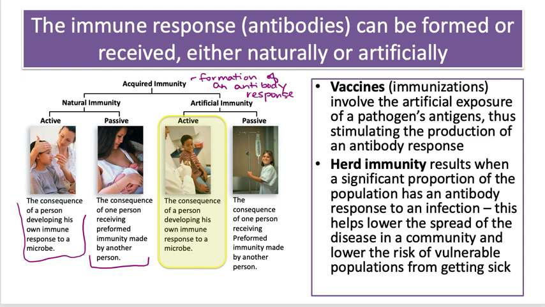And so, if vaccines are available, like for influenza, for measles, for pertussis, then a significant proportion of the population becoming vaccinated can really contribute to this herd immunity. And the people that benefit the most are those that are the most vulnerable from getting sick or the most high risk.